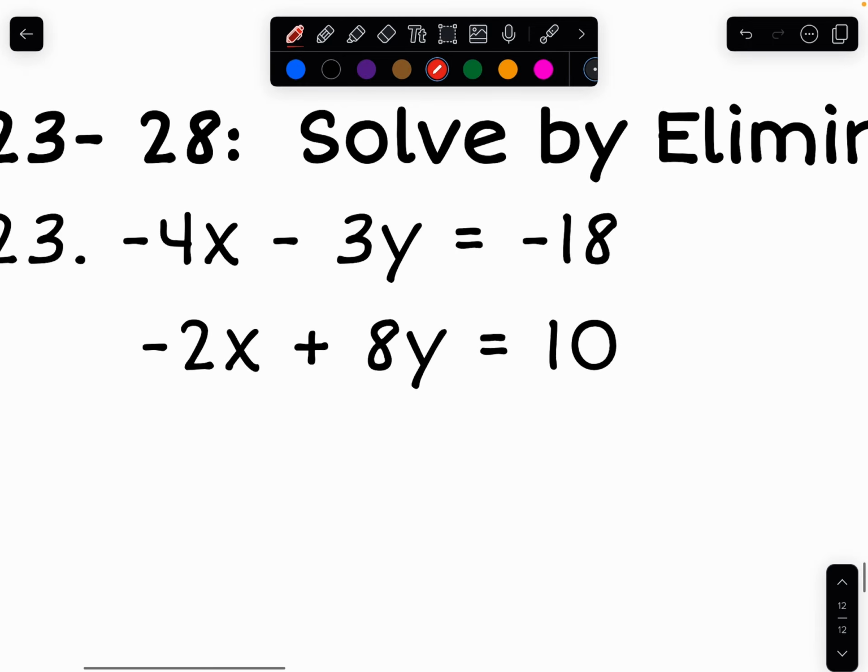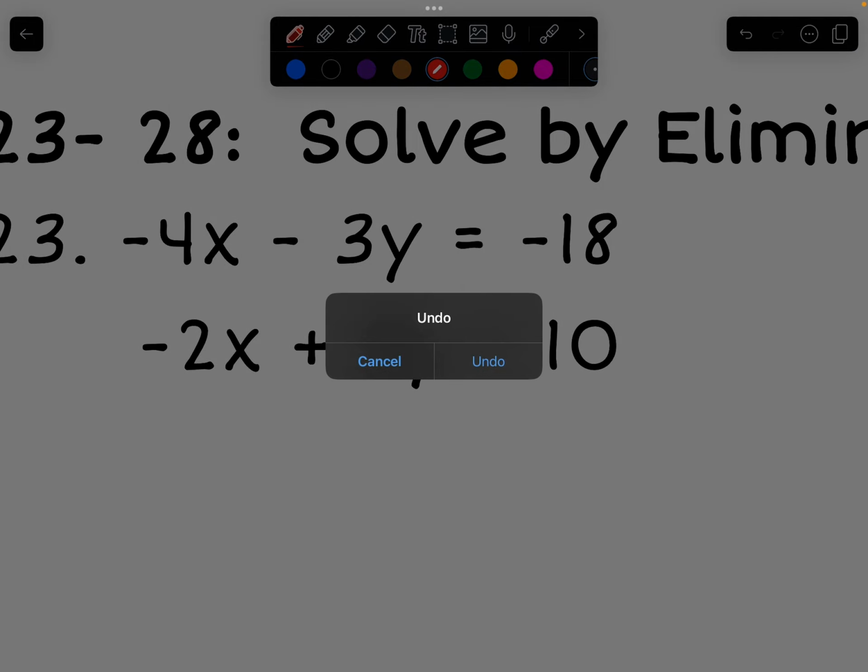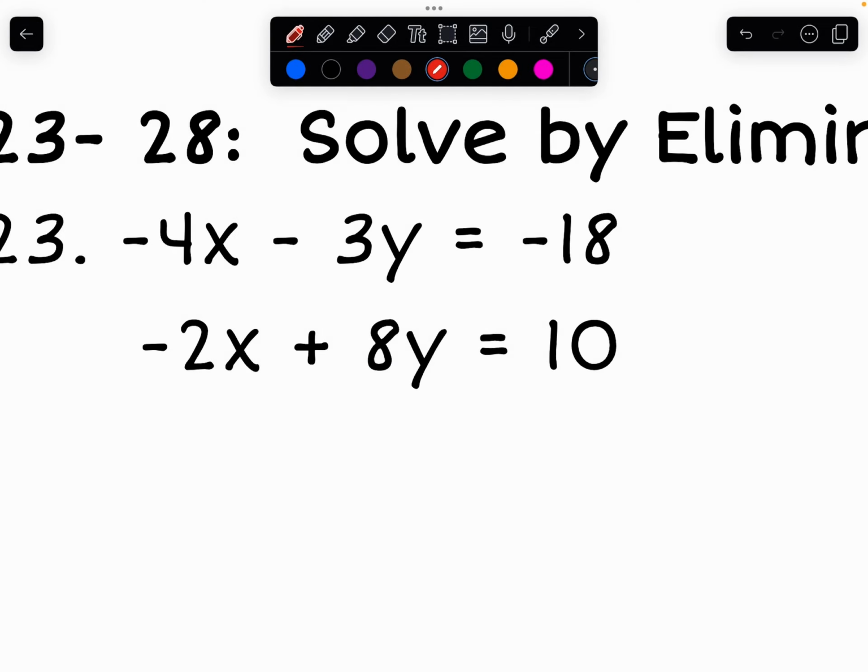Now, we do not have coefficients that are the same or opposites of each other. So that means I need to multiply one of the two equations by something in order to get opposites of each other. So I'm actually going to look at the coefficients of x.